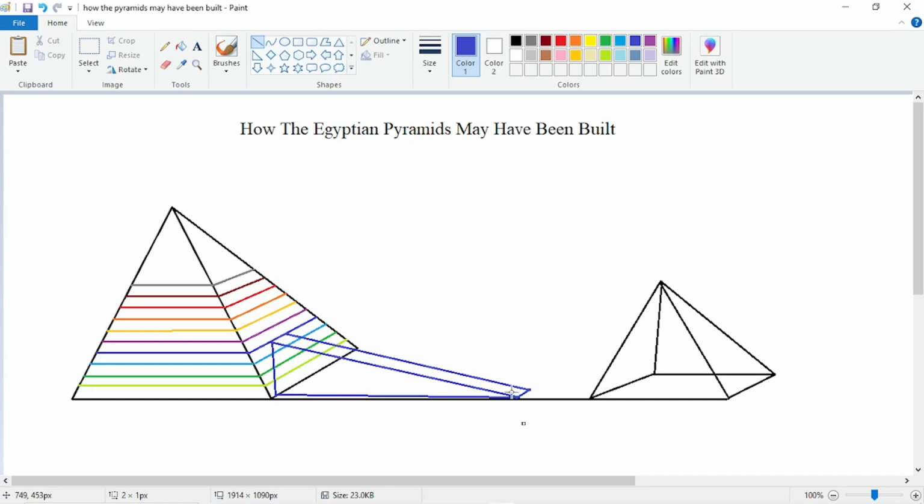It's coming down at an angle like maybe 30 or 40 degrees. Of course, they're Egyptians, so they know their stuff, so they'd make it at an optimal angle.